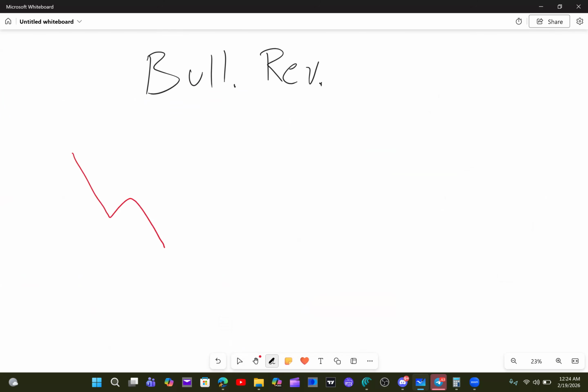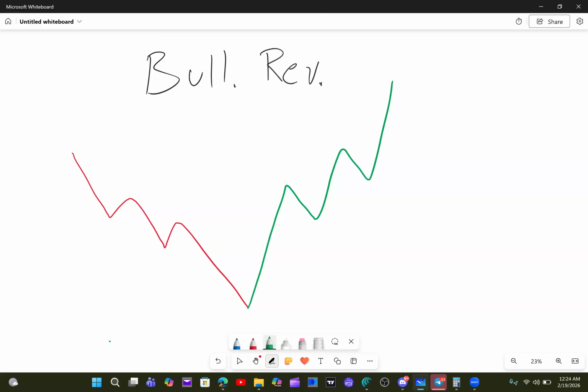So a bullish reversal is going to look like this. The market is going to be coming down. Then it's going to go bullish, start going up. Something that I want you guys to see: on this side, when the market is bearish, we're going to get those structure breaks on the bottom side.